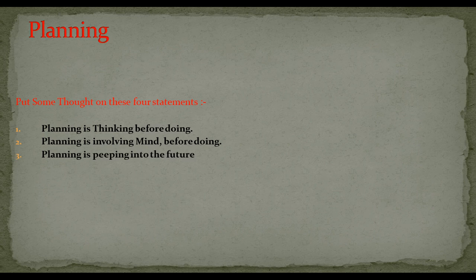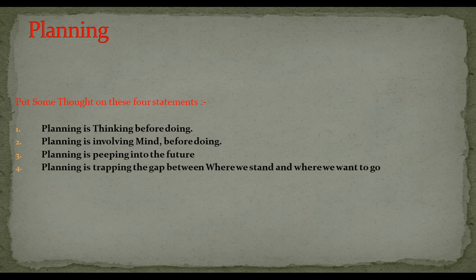Planning is peeping into the future. फ्यूचर में क्या हो सकता है ये पहले से देखना या पहले से देखने की कोशिश करना. Planning is bridging the gap between where we stand and where we want to go. Means this statement stresses setting objectives and setting the flow of action through which we can achieve those objectives.